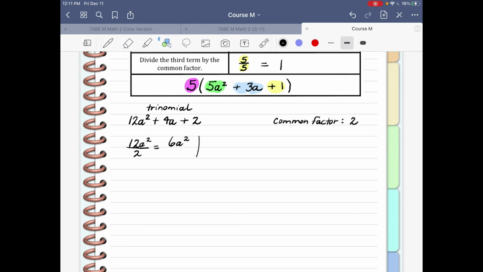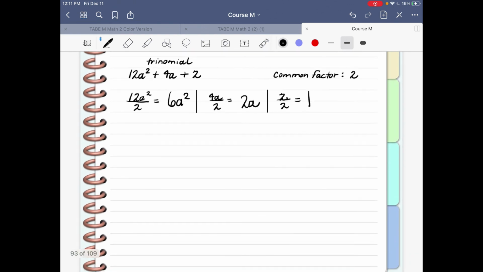And then I'm going to divide my 4a by 2, and that gives me 2a. And then I'm going to divide my 2 by 2, and that gives me a 1.